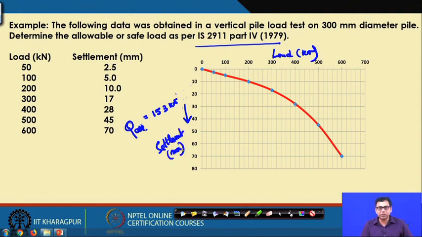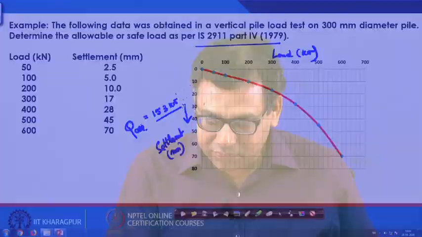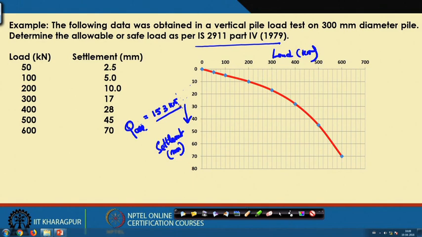We applied two clauses: one clause was two-thirds of the load at which settlement attains 12 millimeter, and the second clause was 50% of the load at which settlement attains 10% of the pile diameter. Applying these two clauses, we got 153 kilonewton as the allowable load.